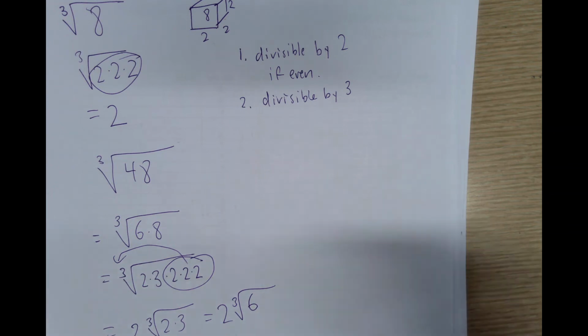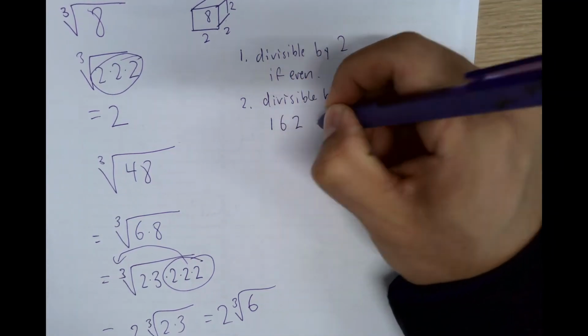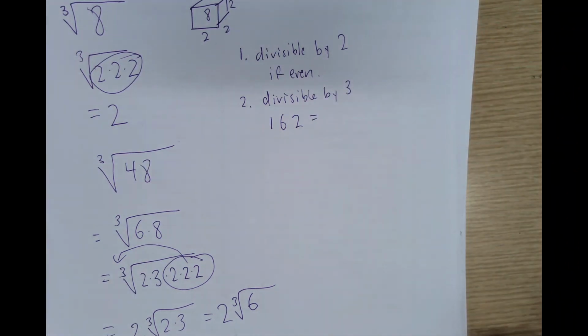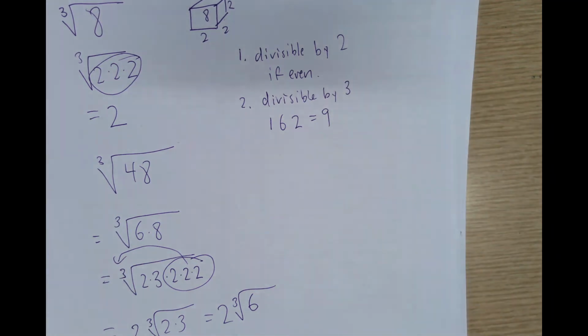So as an example, 162: if you add up the digits together, that would be 9. And so that's divisible by 3 because the digits add up to a number divisible by 3.